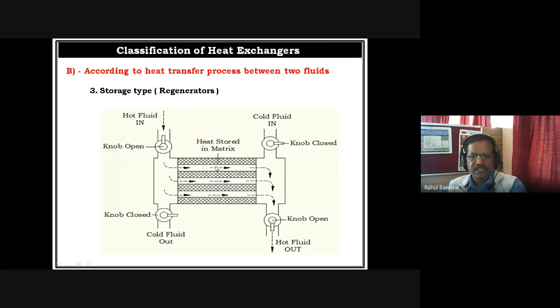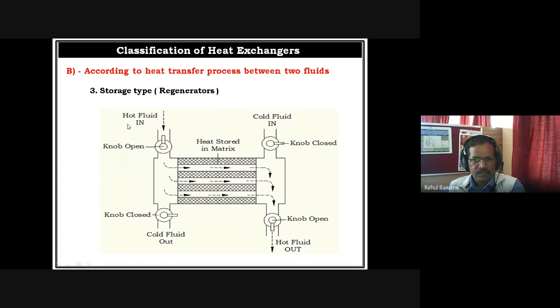For example, this is a matrix type heat exchanger, and that is called a regenerator. So a recuperator directly supplies heat from hot fluid to cold fluid, but a regenerator takes some time interval. Now this is a matrix type, a regenerator or storage type.